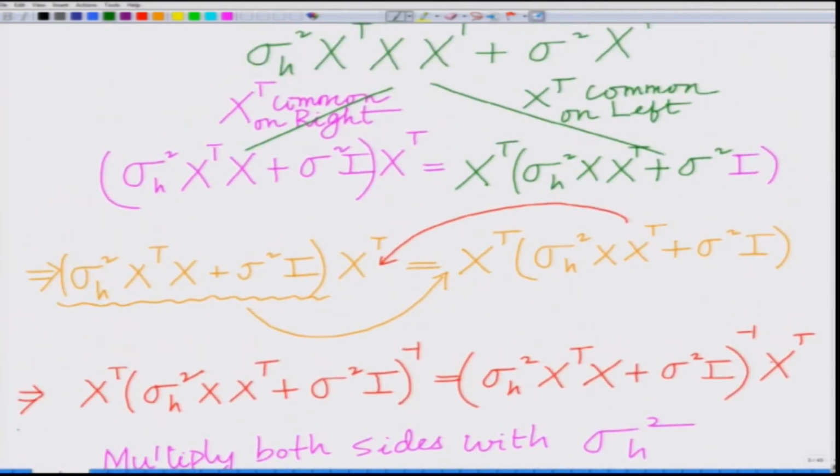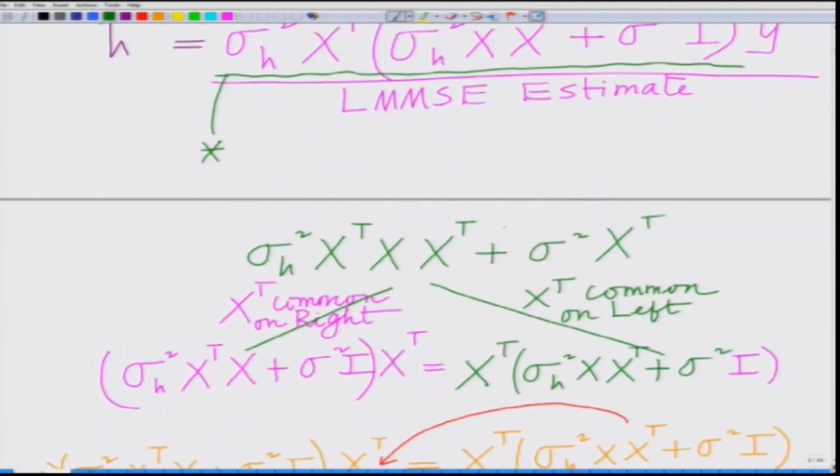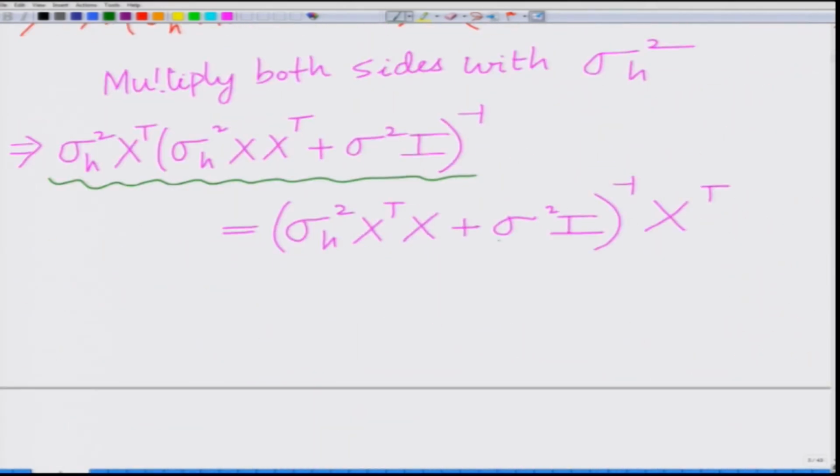This quantity is exactly equal to the earlier quantity; if I call it star, I can replace star by sigma h square times (sigma h square x transpose x plus sigma square times identity) inverse into x transpose.